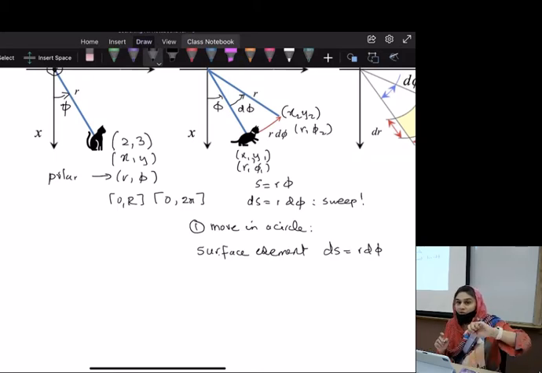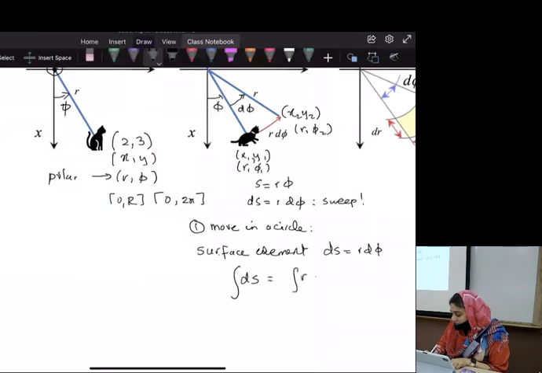Now we have to find the total sweep around. How would we do that? We can integrate over our sweep. What we're doing in order to make it a complete circle is we're taking small baby steps until we come all the way back, keeping the R the same. The R doesn't change. So we are adding up all of the sweeps as the cat moves.